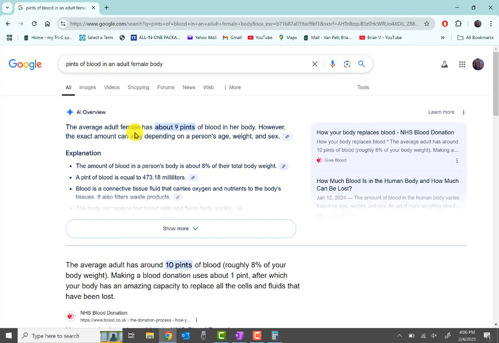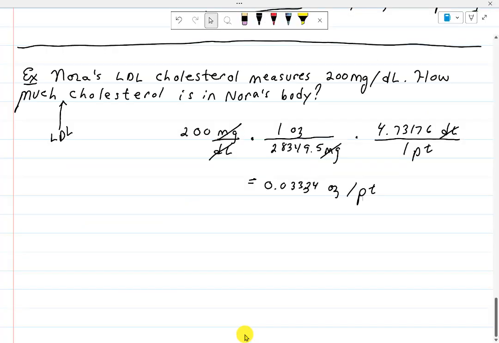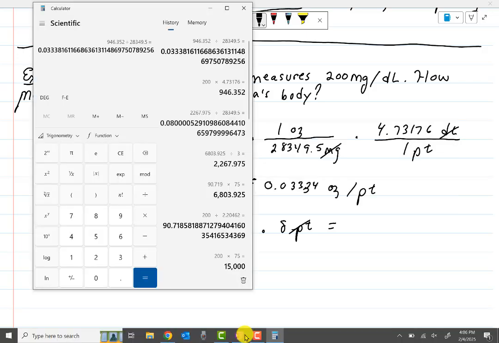The average adult female has about 9 pints, so we'll use that. So then we're going to take our 0.03334 ounces divided by pints. We're going to multiply it by 8 pints. That way the pints cancel out, and we'll get the total ounces that we have of cholesterol for this person.